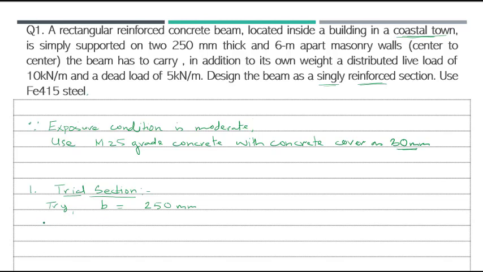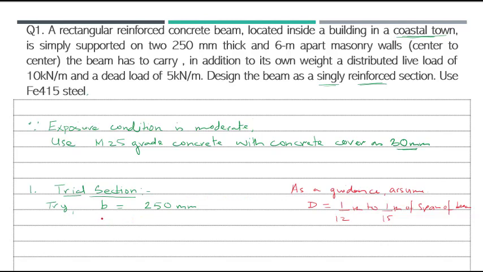As a general guidance, so you can note as a guidance, assume D in the range of 1/12 to 1/15 of span of beam. So you assume D lying between 1/12 to 1/15 of span of beam, and this D we can always revise depending upon the condition, and we'll see.